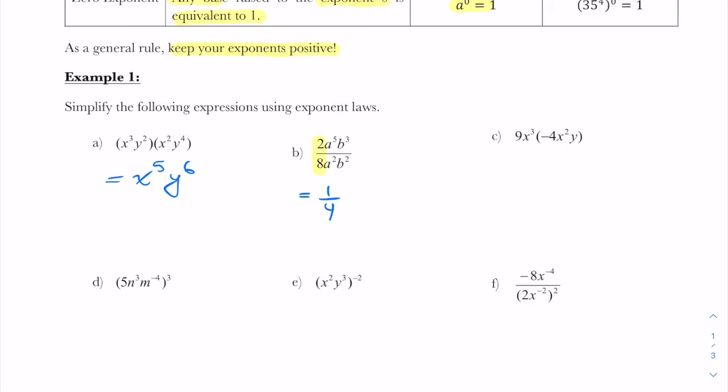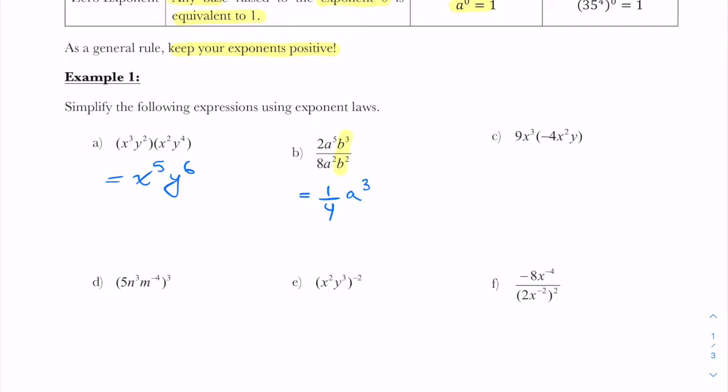Then, after doing that, I have to look at my a's. So as you can see here, we have a to the 5th divided by a to the exponent 2. Using your division rule, you keep the base, subtract the exponents, giving you a to the exponent 3. And finally, we have to simplify the b's. So we have b to the exponent 3 over b to the exponent 2.